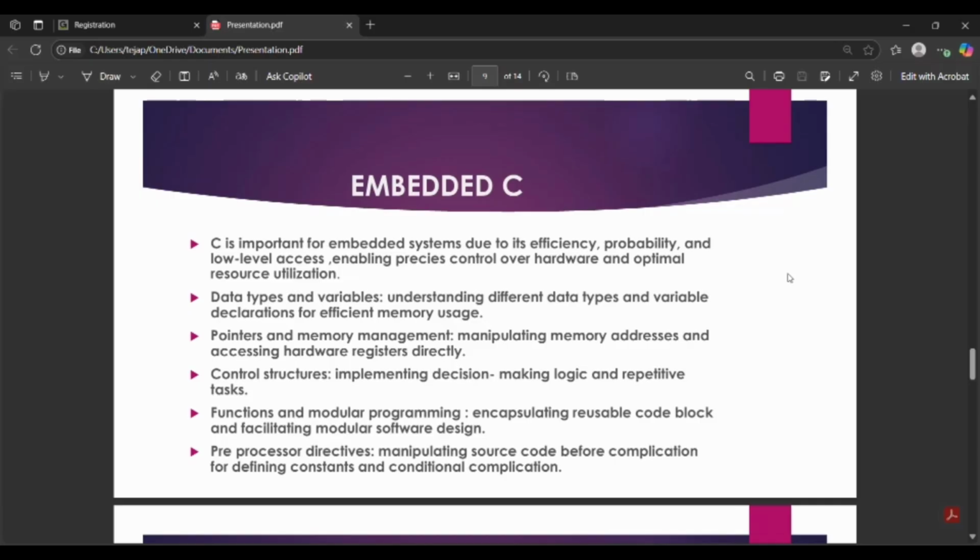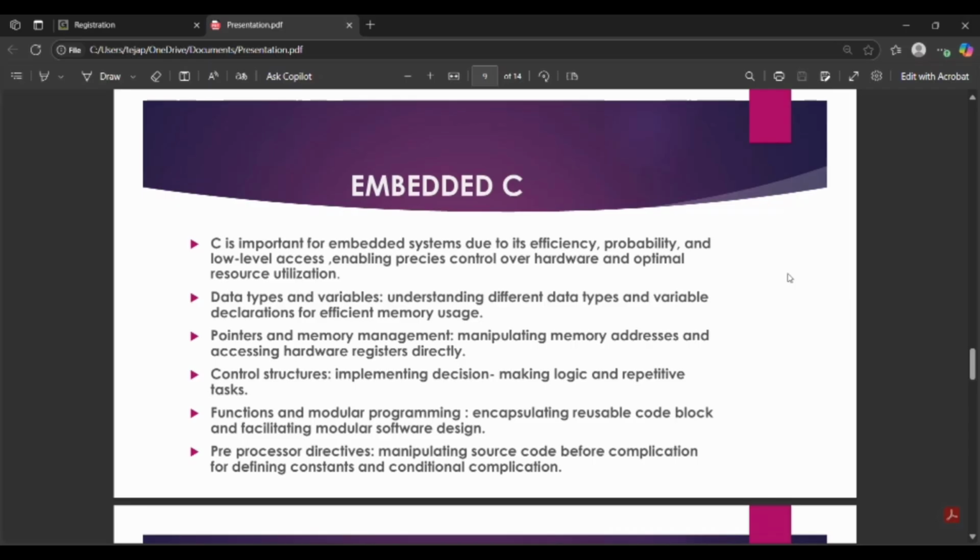Data types and variables: I have learned about data types and variables in the internship, understanding different types of variables and data type declarations for efficient memory usage.